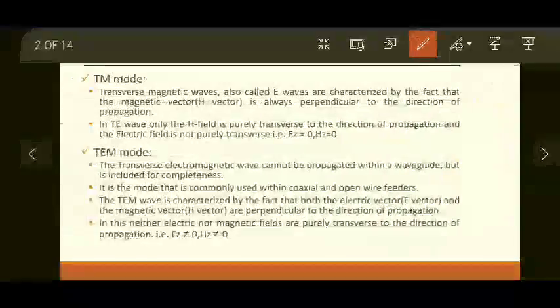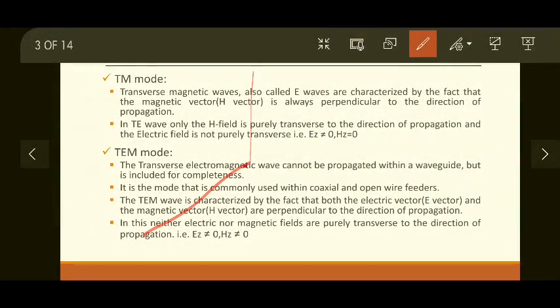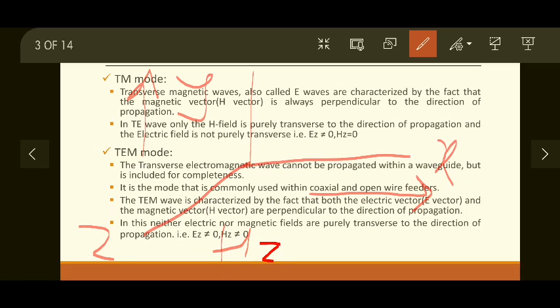In the TM mode, exactly the same thing happens, assuming the same scenario. Now Hx and Hy will be transverse to the direction of wave propagation, but Hz, since it is along the direction of wave propagation, will be 0, and there is no such restriction on Ez. All three components will be present for the electric field.